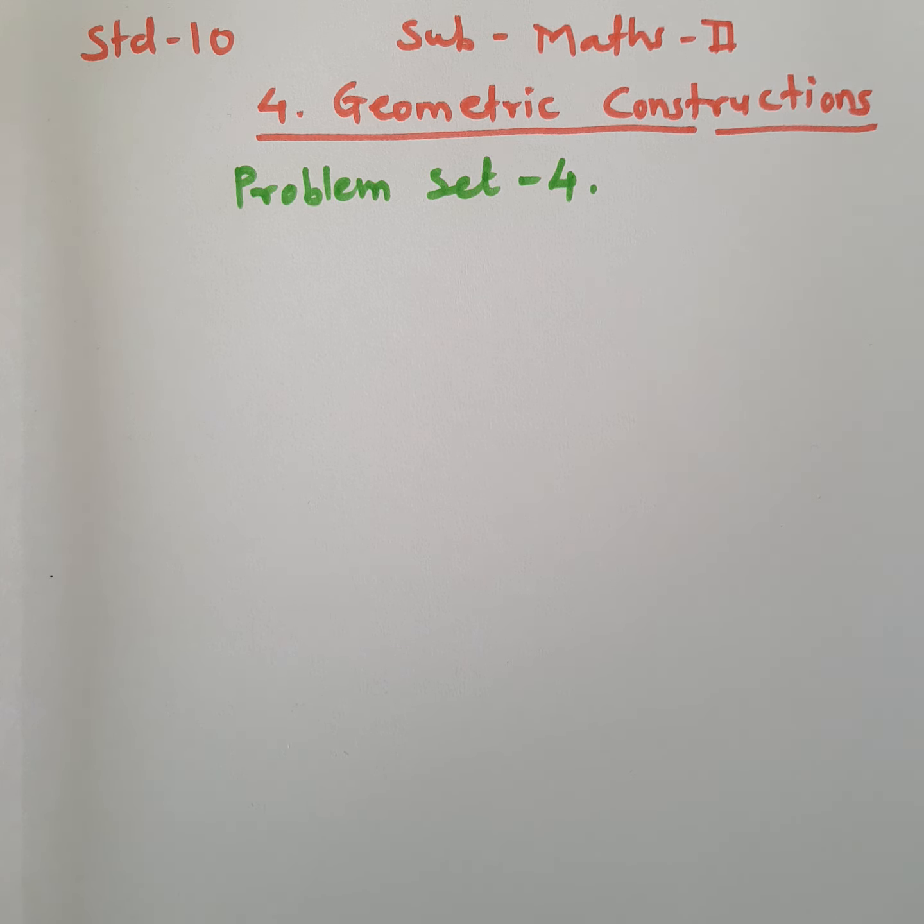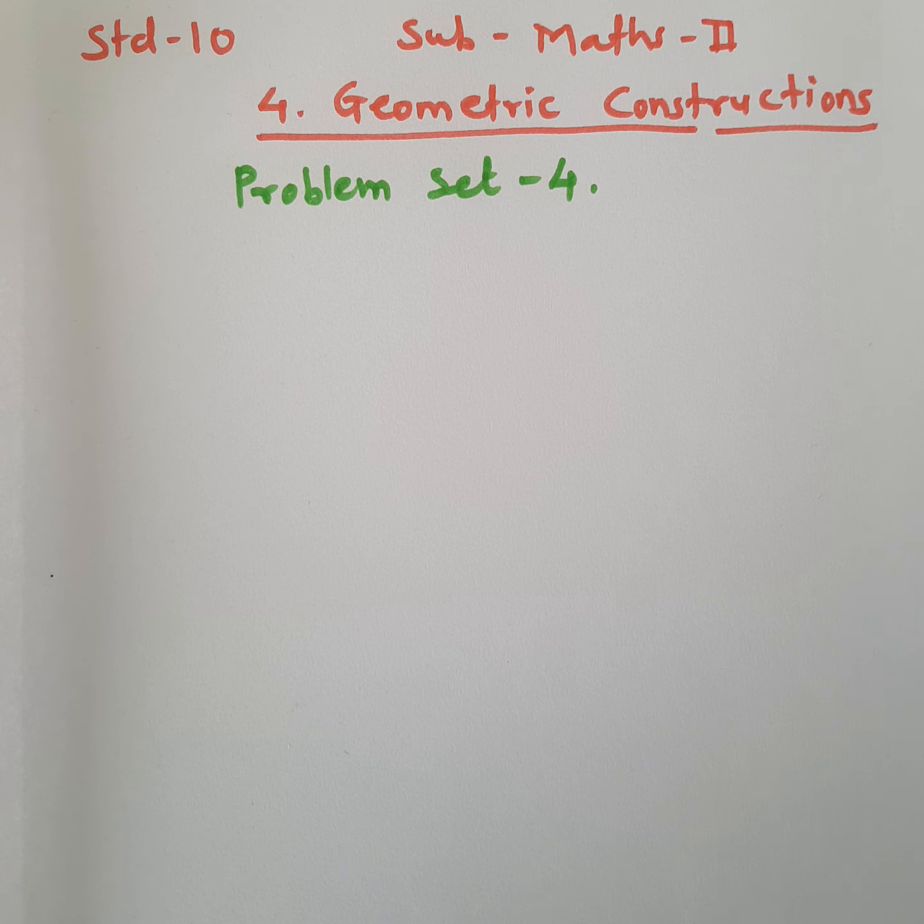Hello students, in the last lecture we learned about the constructions of similar triangles and construction of tangent to the circle. In the geometric construction chapter there are only two constructions, similar triangle and tangent to the circle.